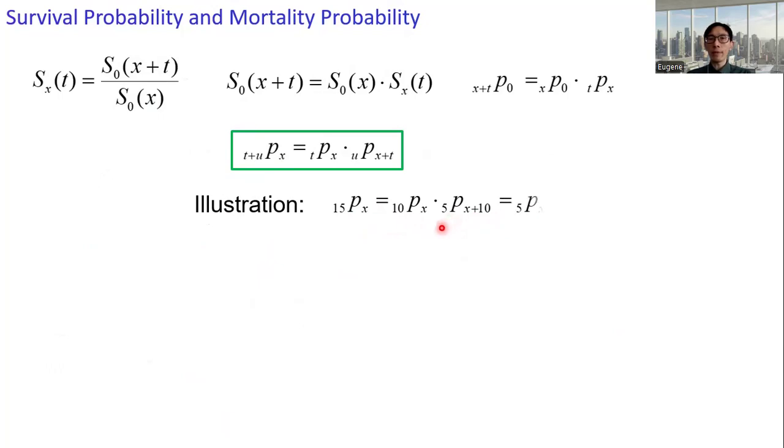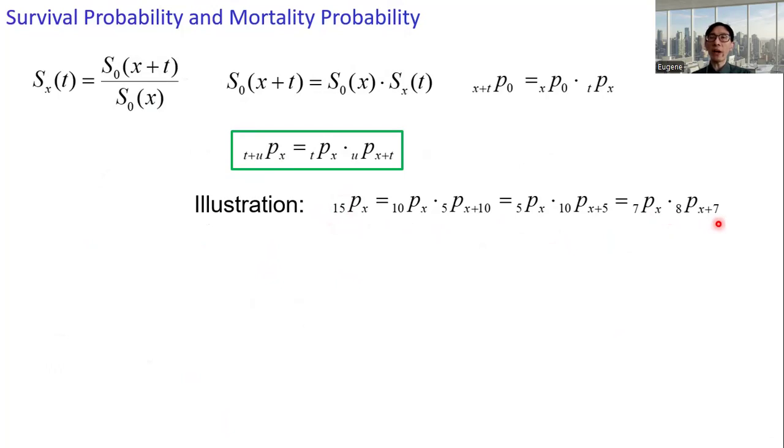This can also be factored as 5 p x times 10 p x+5. Any combination will do, as long as we get two numbers that add up to 15. So 15 p x can also be factored as 7 p x times 8 p x+7.